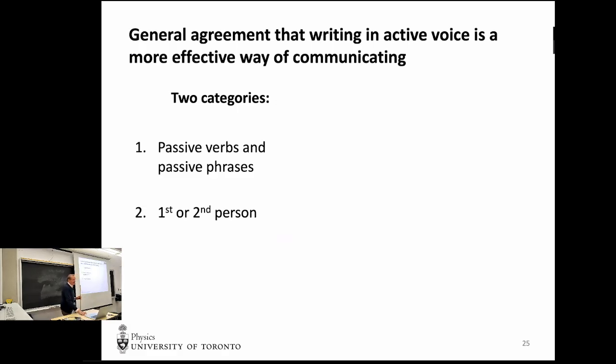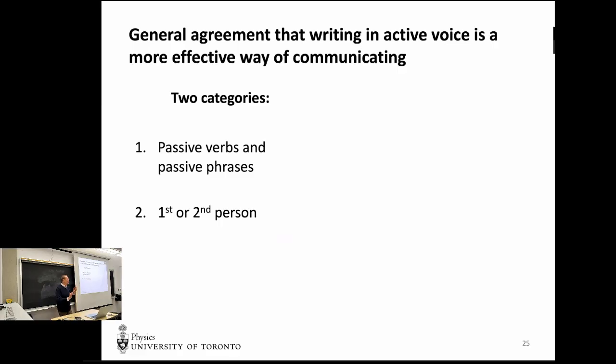And then finally, there is this agreement that active voice is more effective in communicating. There are two categories: passive verbs and passive phrases, and first or second person. It used to be that you never wrote a scientific article in first person. We never did anything. Things got done.